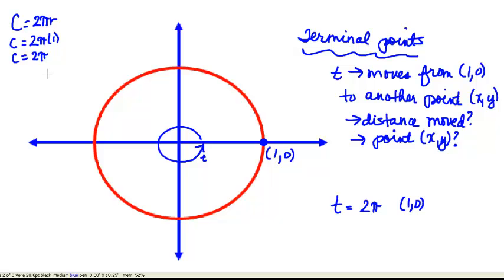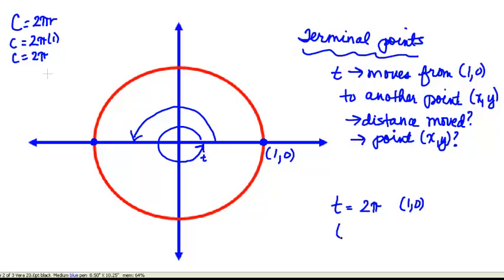Well, what if the point only goes halfway around the unit circle? So if I start at 1, 0 and I move around and I stop when I get to this point over here, there I've traveled just halfway around. Well, I didn't go a full 2 pi, but in this case I went half of that, which is just pi.